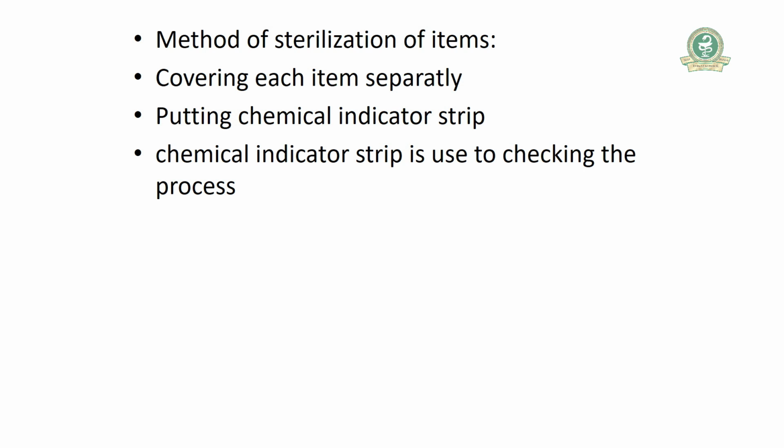Method of sterilization of items. So, in the autoclave machine, how can we sterilize the items? First, each and every item should be covered separately, and a chemical indicator strip put in. The chemical indicator strip is used for checking the process.